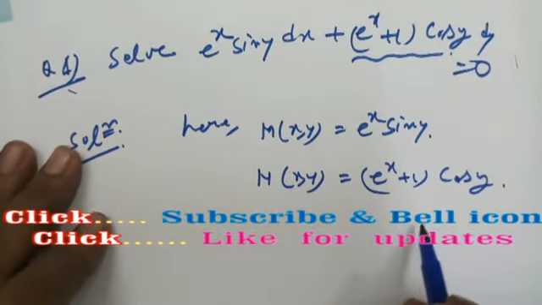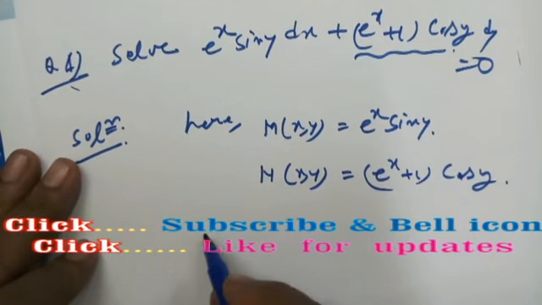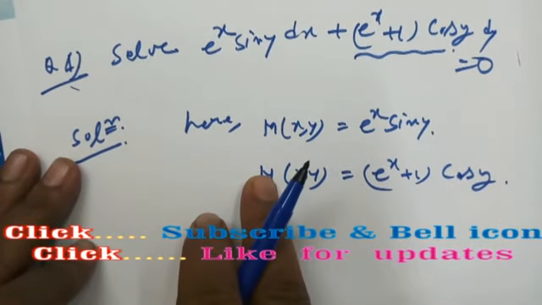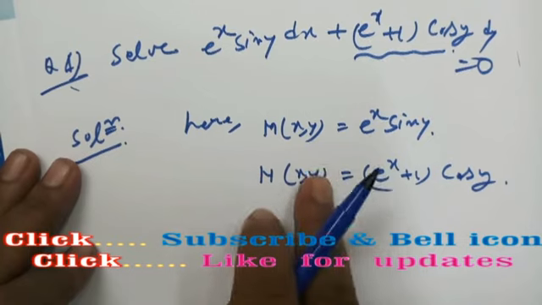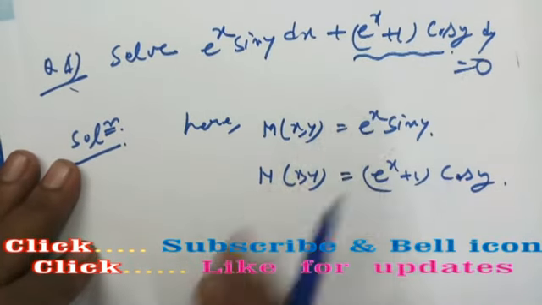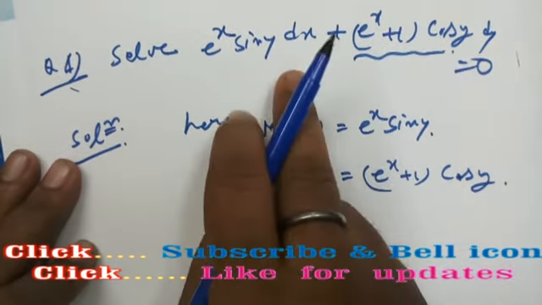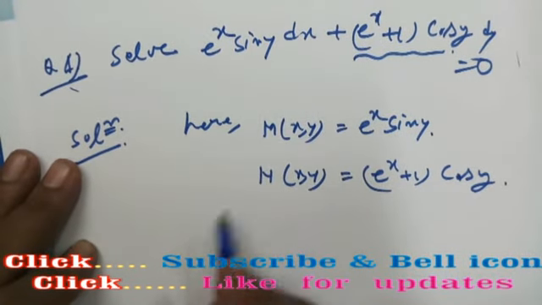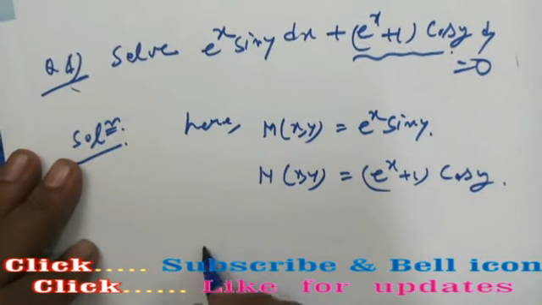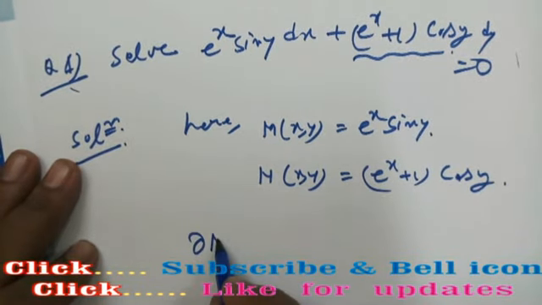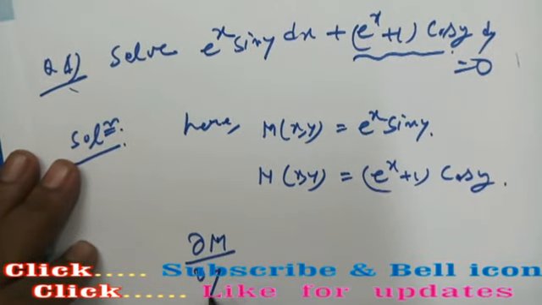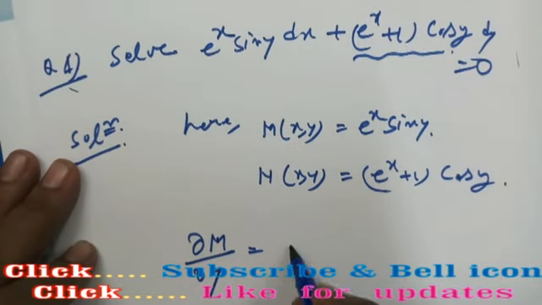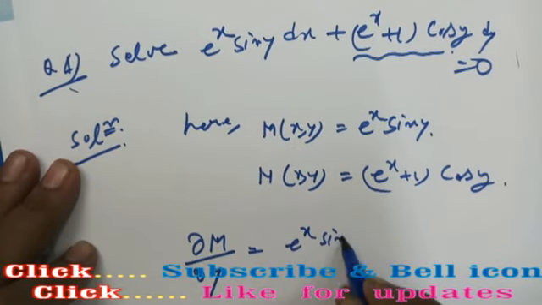Now we have to check whether this differential equation is exact or not. For checking, first of all we determine the partial derivative of M with respect to y, that is del M upon del y is e power x cos y.